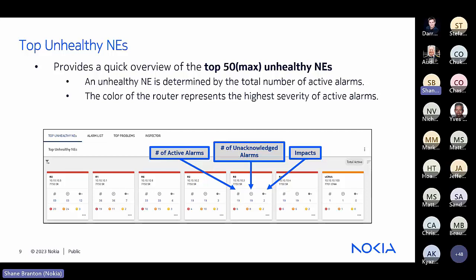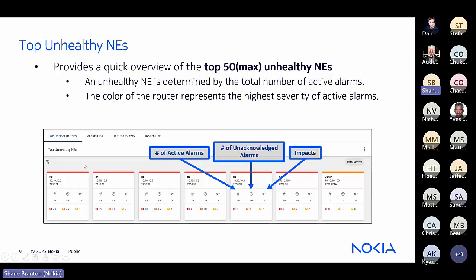Well, it's only going to display the top 50 unhealthy NEs. Okay, so they're basically sorted where the most unhealthy NE will always be in the top left-hand corner. Okay, and then they go from left to right across the top line. Then the second line, they go from left to right again.